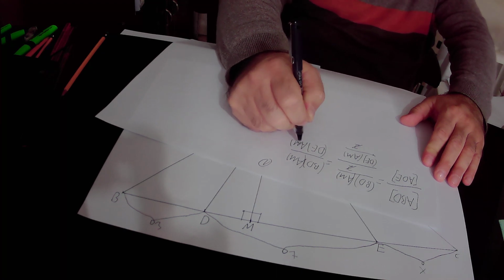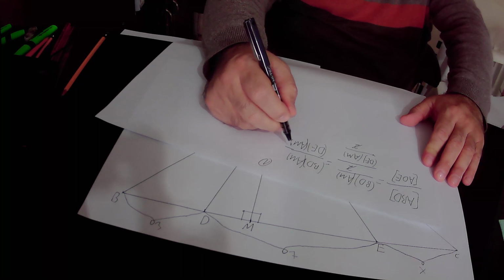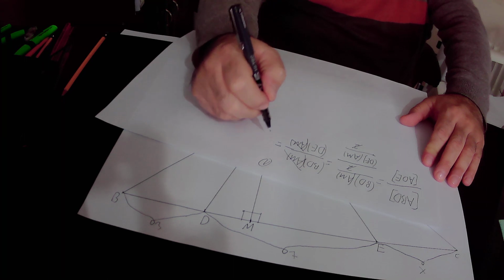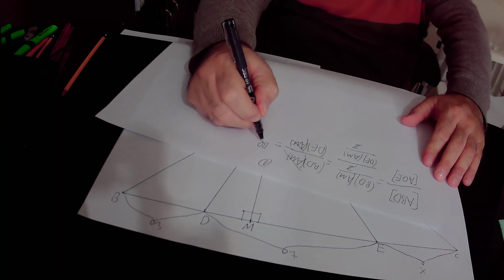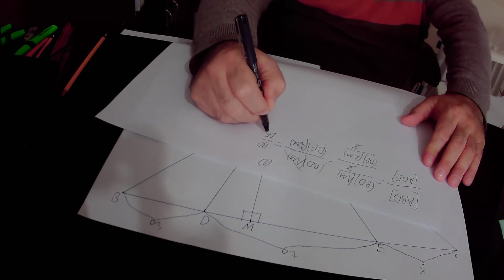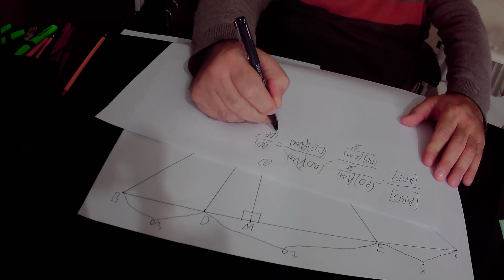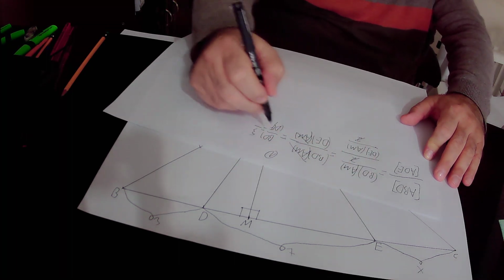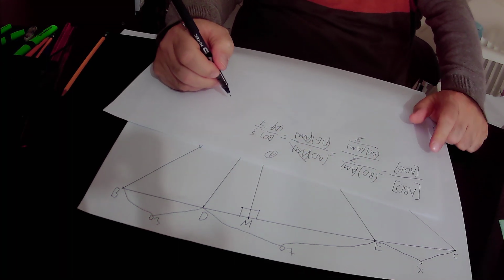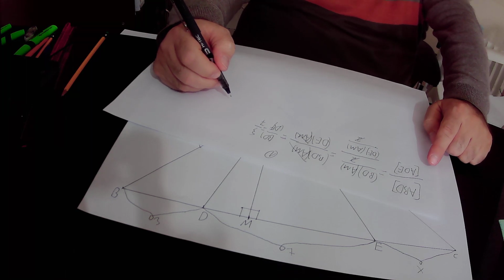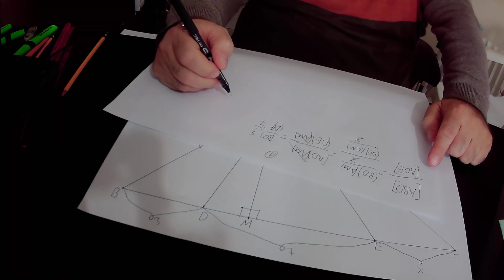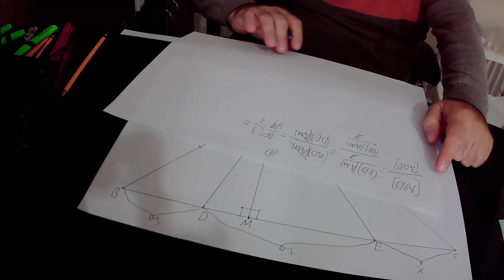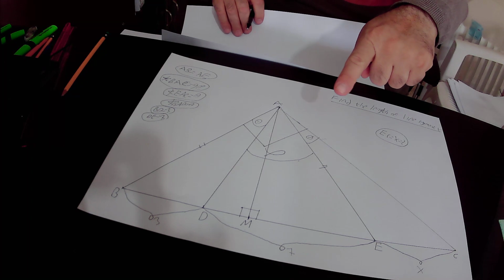So we have AM in the numerator and AM in the denominator, so AM will get cancelled, and we are left only with BD over DE. But it is given in the question that BD equals 3 units and DE equals 7 units. So we found out that the area of triangle ABD over the area of triangle ADE is equal to 3 over 7.